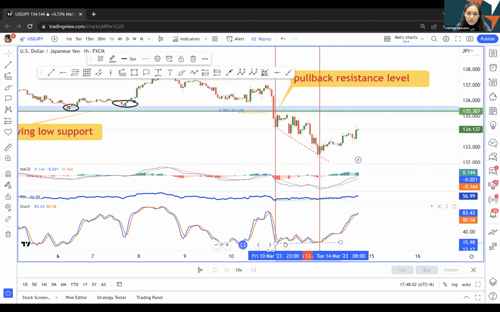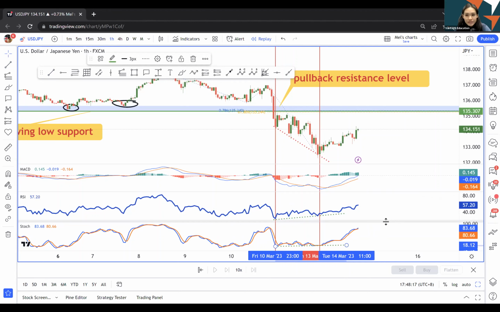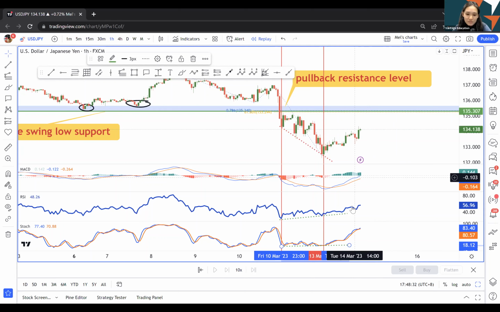Over here, it's quite a small difference, but it did make a higher low. So we have 3 out of the 4 indicators that we've used that support our bullish bias. So we gain confluence that prices will continue in a bullish momentum.